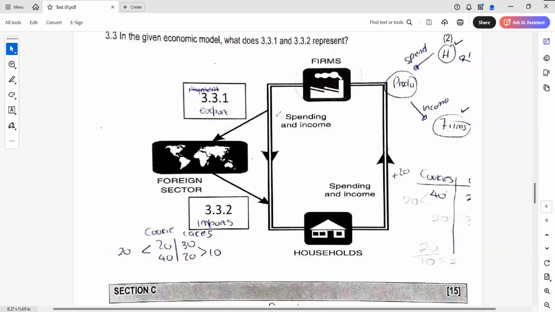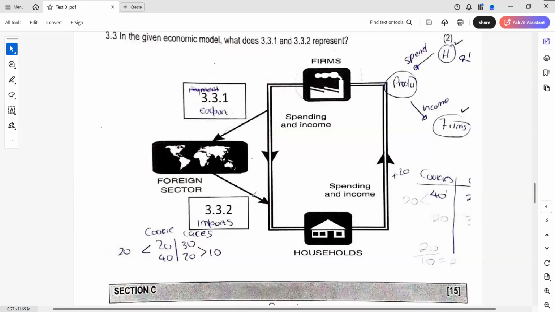Also, if goods are moving from the foreign sector to the households, that is imports, which is a leakage in the economy, because the households will pay for these goods, meaning that money will leave our economy. So that will be a leakage in the economy, right? So this arrow can represent just the import of goods.